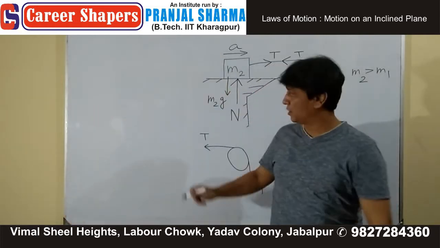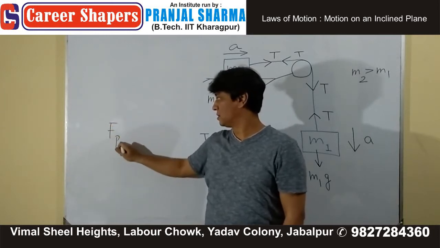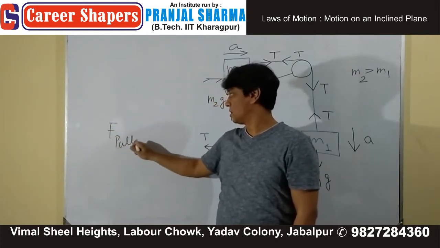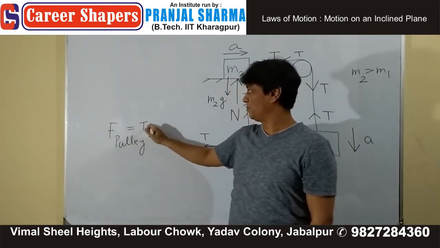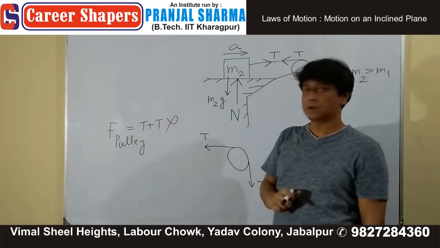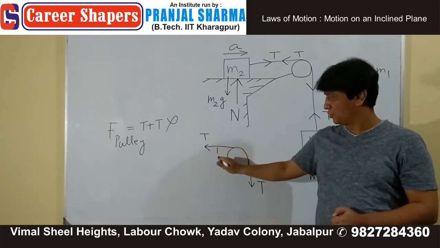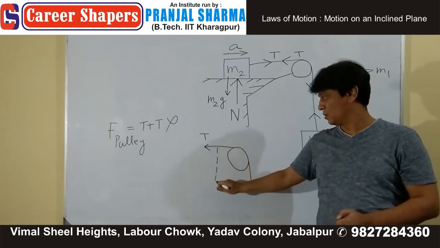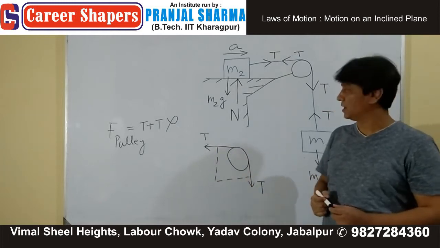When I say find out force on the pulley, some of you have answered T plus T, which is not correct. And why is it not correct? I gave you the hint: force is a vector quantity.